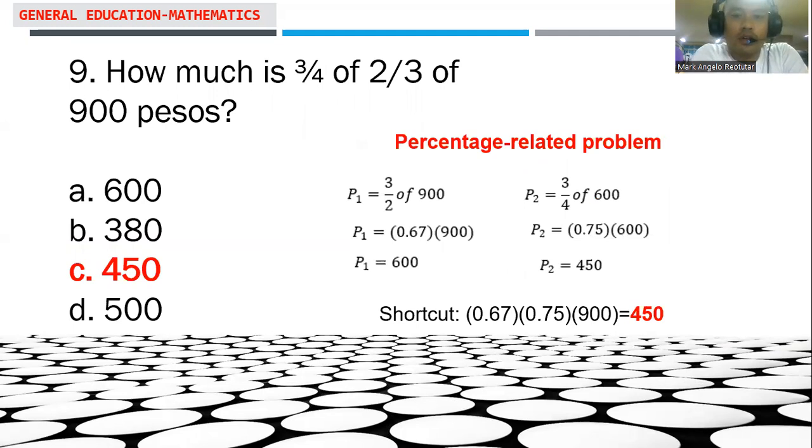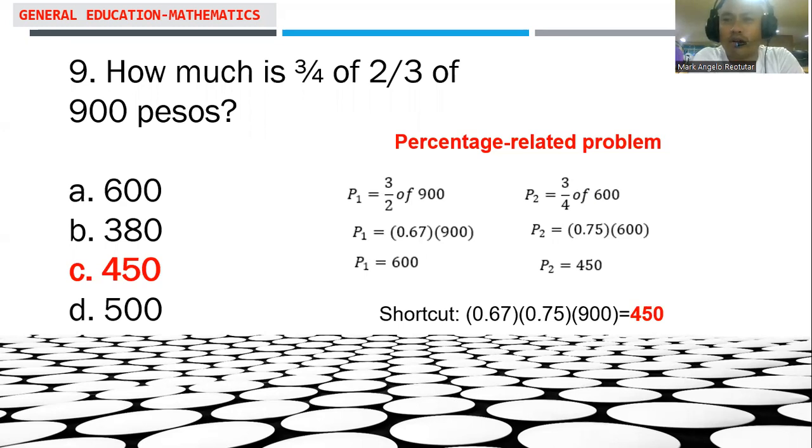Okay, so considering item number 9, this refers to a percentage related problem. We still apply the definition or the formula of the percentage, but before we do it, let's read first the problem. How much is 3/4 of 2/3 of 900 pesos?